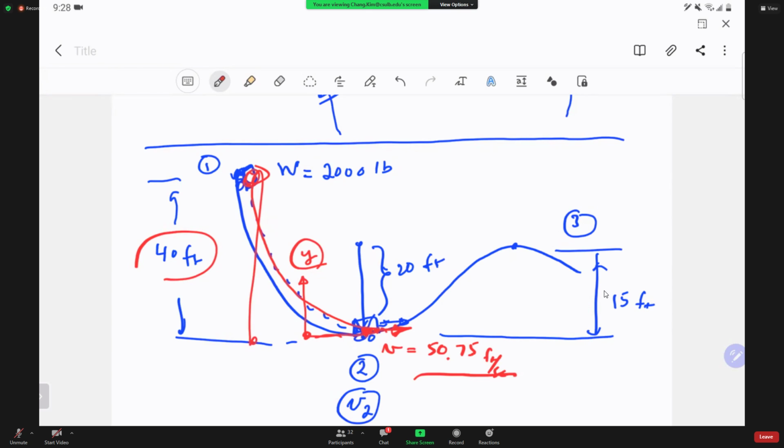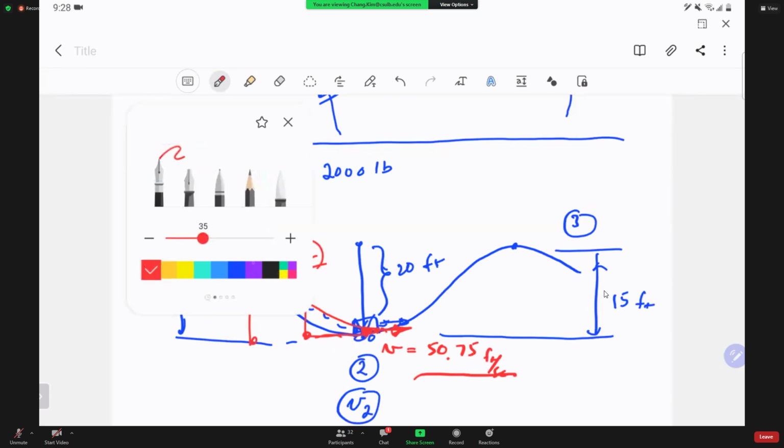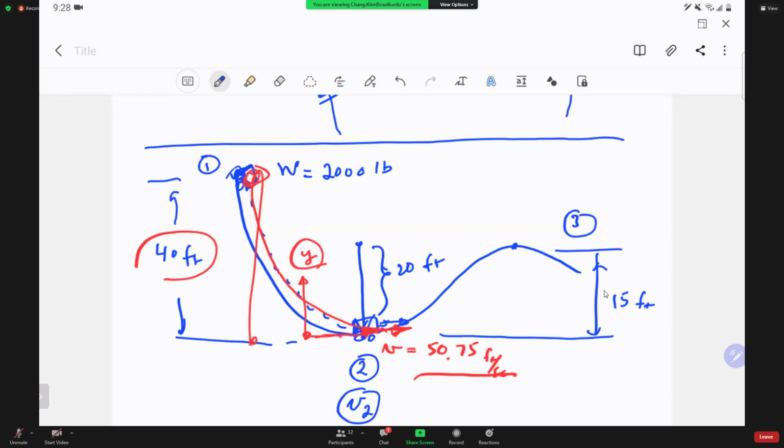Now, you don't have to do it this way. You can set your y in this direction too. In this case, your mgh1 would be equal to 0.